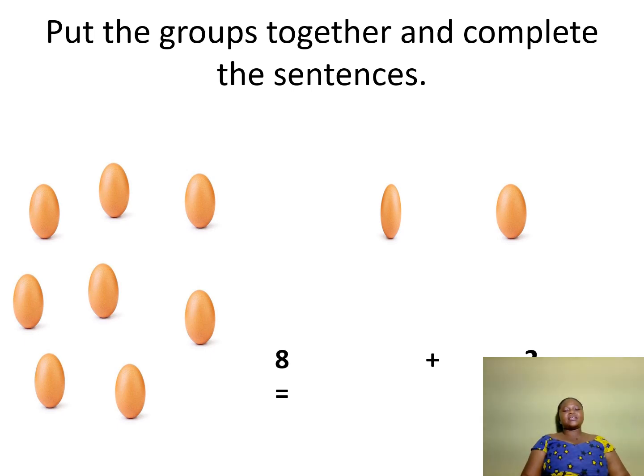We have 8 eggs here. And the other side we have how many? 1 and 2. So we are going to add 8 eggs to the 2 eggs. Is that clear? Good. I hope you understood and you can do it very well.